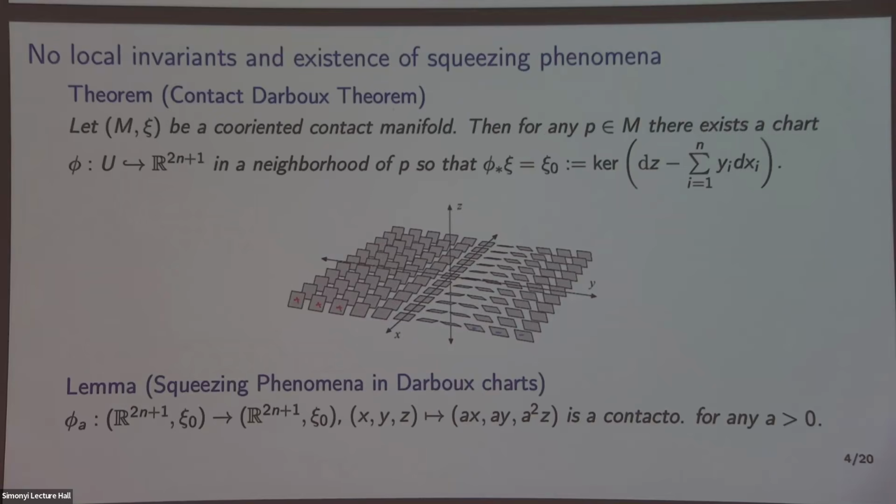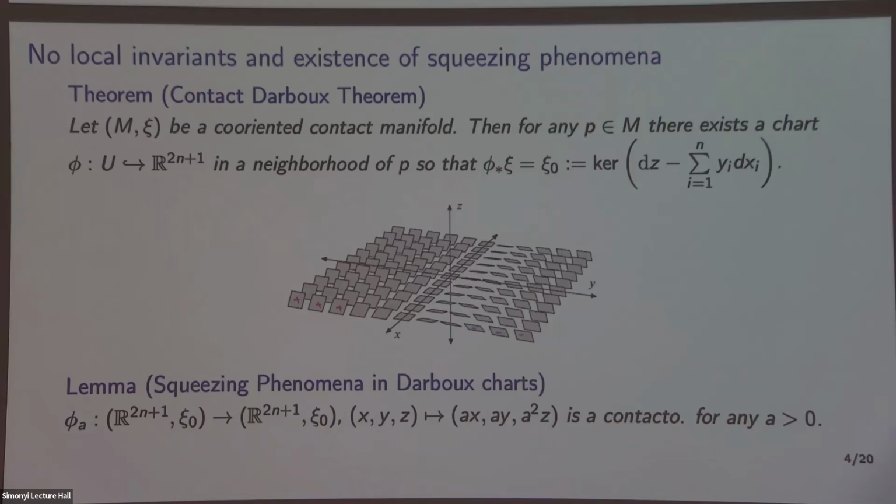For example, this can be illustrated by this lemma in R^(2n+1), the standard contact manifold of dimension 2n+1. You can squeeze any ball as large as you want inside a neighborhood of 0 as small as you want by this diffeomorphism, because it preserves the contact distribution.